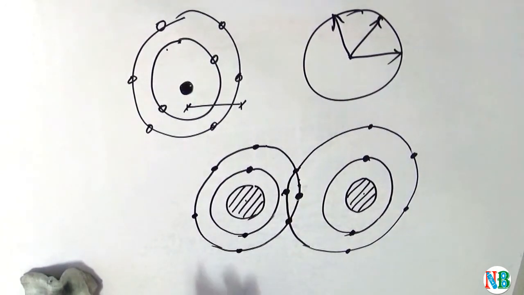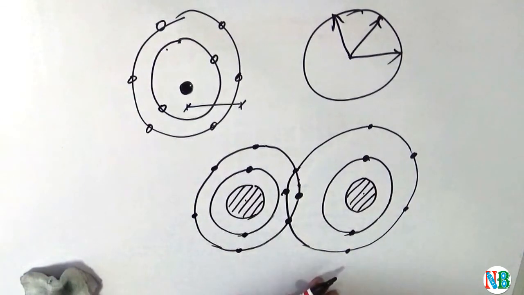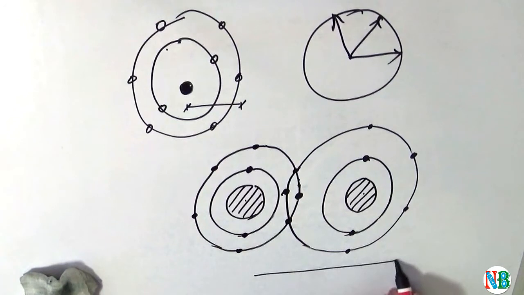So now, what is the connection to your periodic table? The radius of an atom decreases as it goes down the periodic table. From 1A, the atomic radius decreases as it goes down the table.